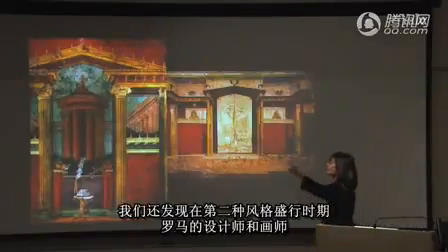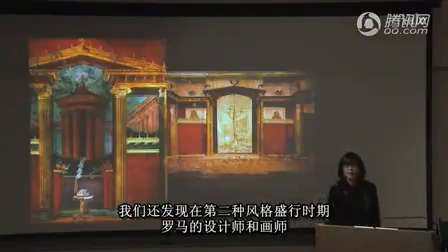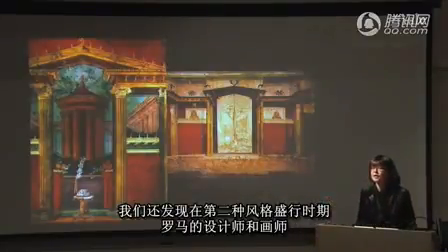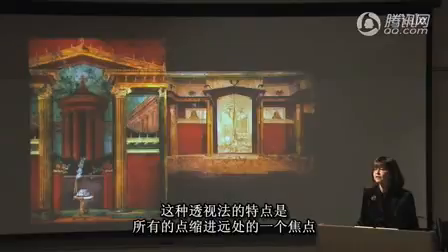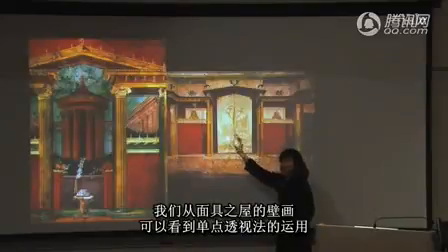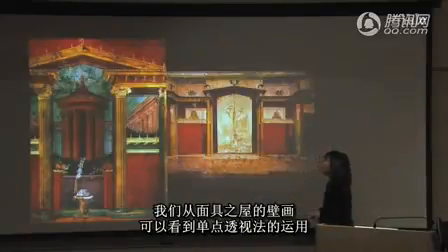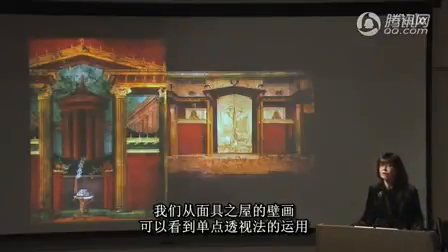We also explored the fact that in the 2nd style, the Roman painters seem to have experimented with one-point linear perspective, a perspective in which all points recede to a single point in the distance, and we see that use of one-point perspective in the 2nd style wall paintings in the Room of the Masks.